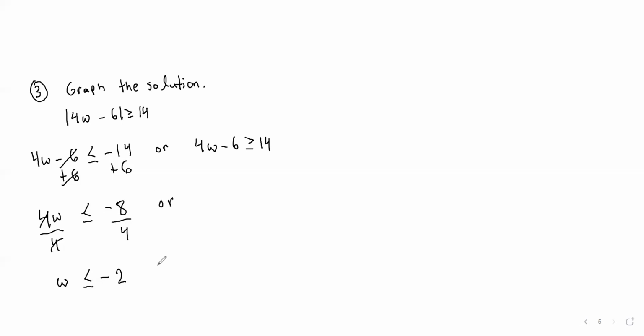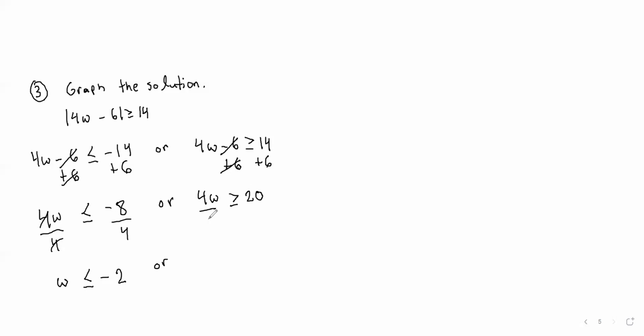I'm going to place the or here. Now we have on the right, 4w minus 6 is greater than or equal to 14. I'm going to add 6 to both sides. The minus 6 and the positive 6 cancel. So simplified, we get 4w is greater than or equal to 14 plus 6, which is 20.